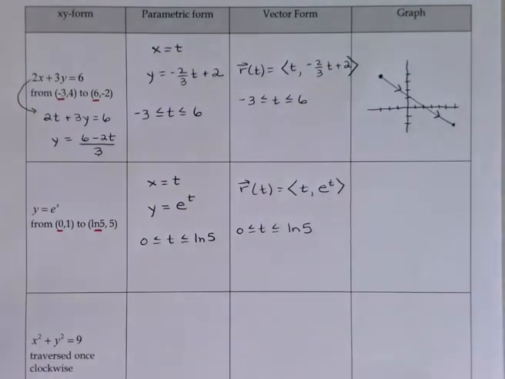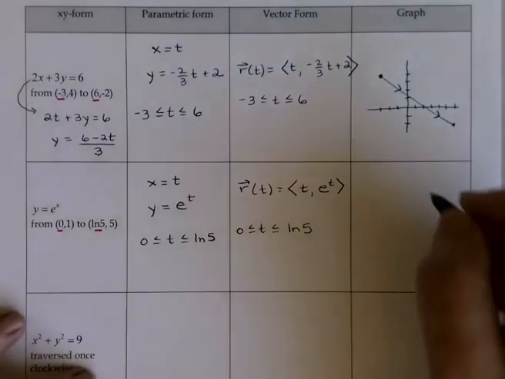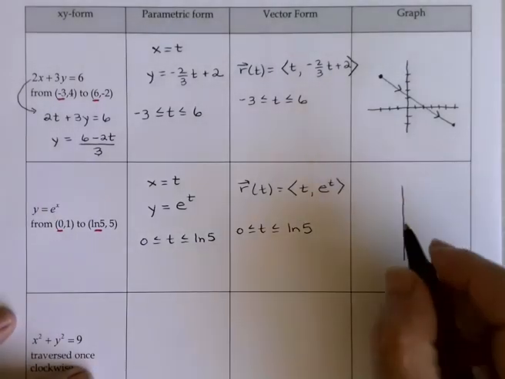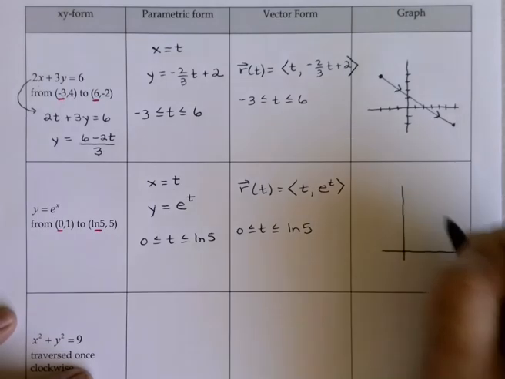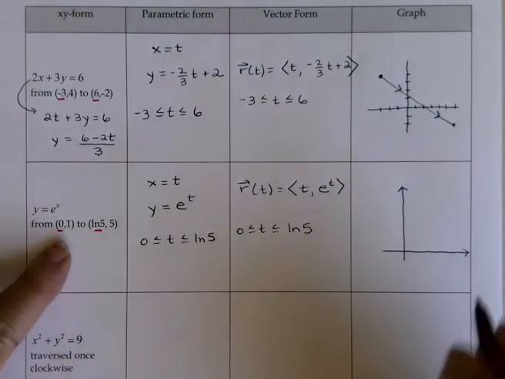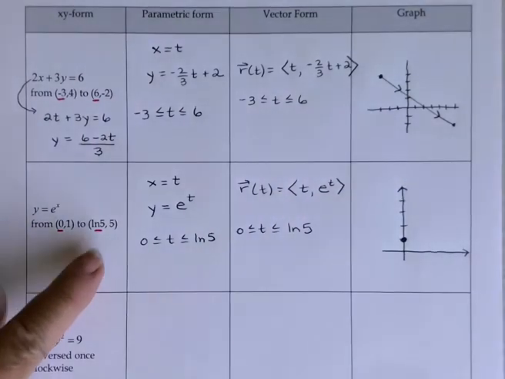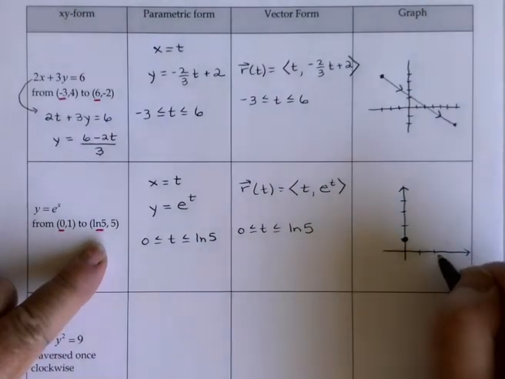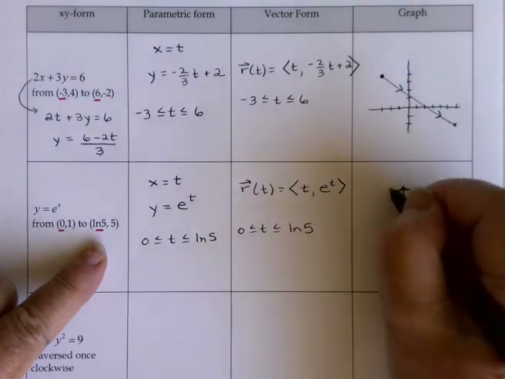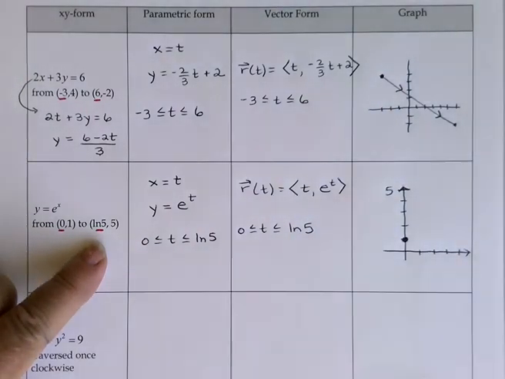As far as a graph, we all know what y equals e to the x looks like, just typical exponential growth. We're starting at 0, 1 here. And we end at ln 5, 5. Let's see, what's the natural log of 5?